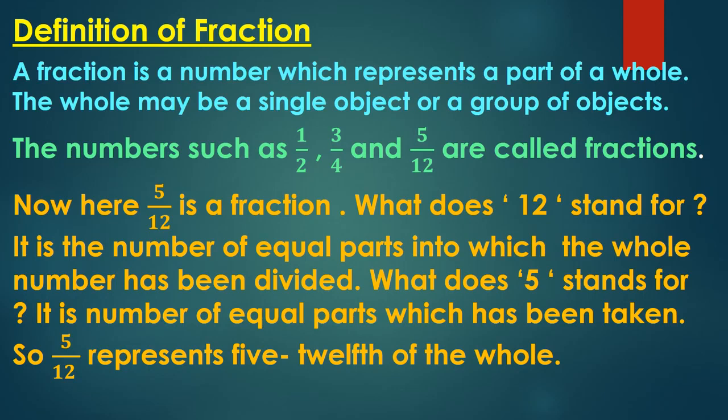And what does 5 stand for? 5 is the number of equal parts which have been taken out. It means out of 12 equal parts we have taken out 5. So 5 upon 12 is a fraction and it will be read as 5/12 of the whole.